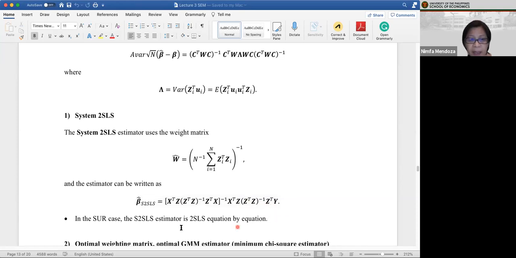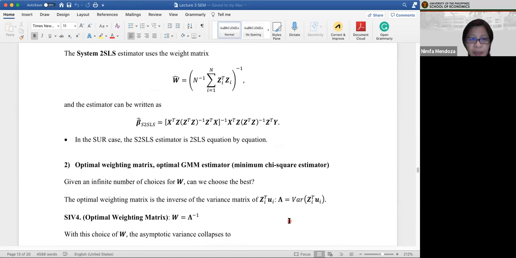In the sure case, the system two-stage least squares estimator is the two-stage least squares estimator equation by equation. Then we have the optimal weighting matrix, which gives us the optimal GMM estimator.